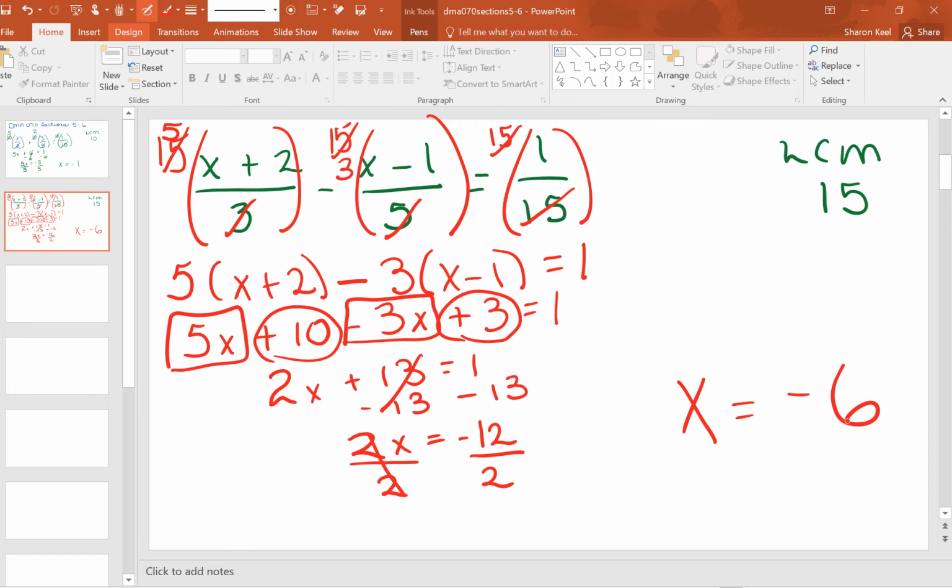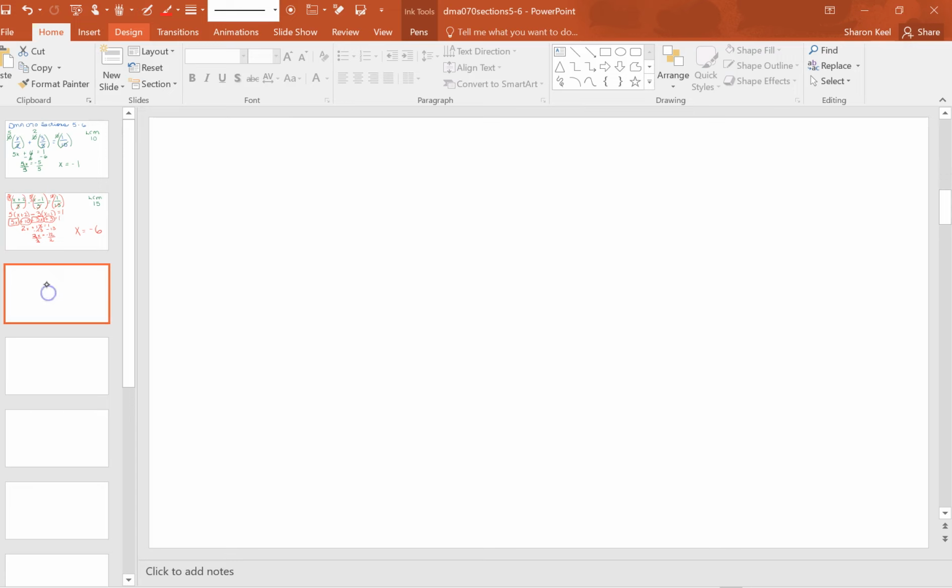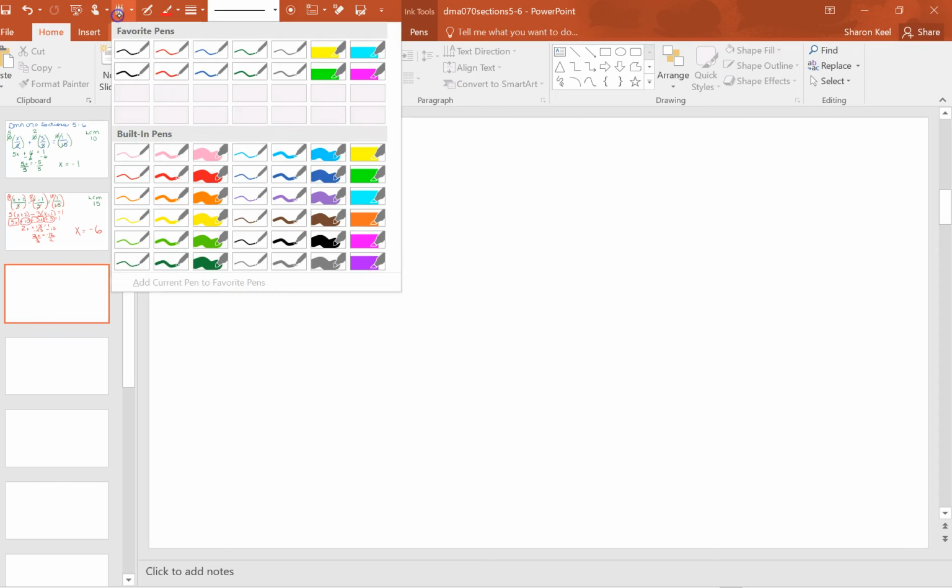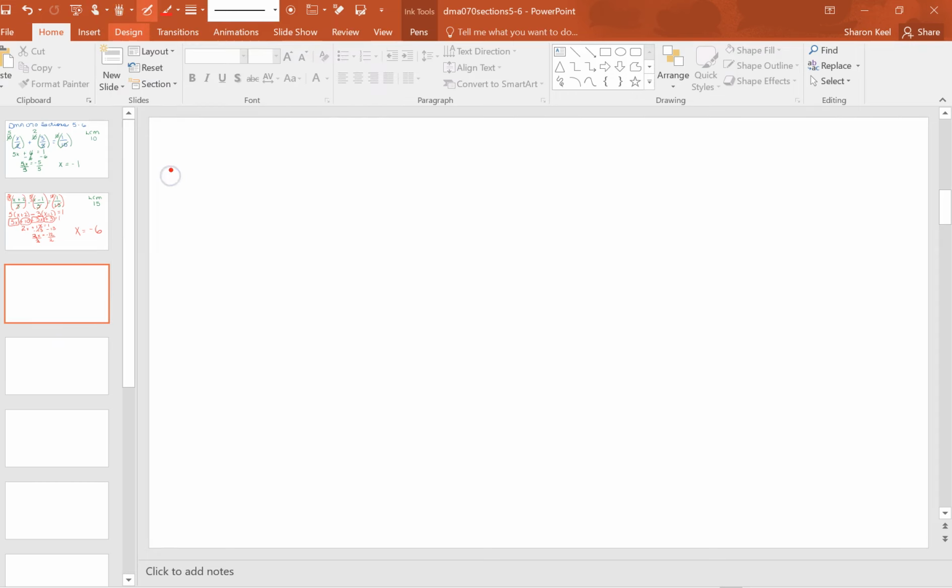Now, the only difference that we're going to have in our next problem is that as we move along, we have in our denominators either a binomial or a trinomial. The first one is a binomial.